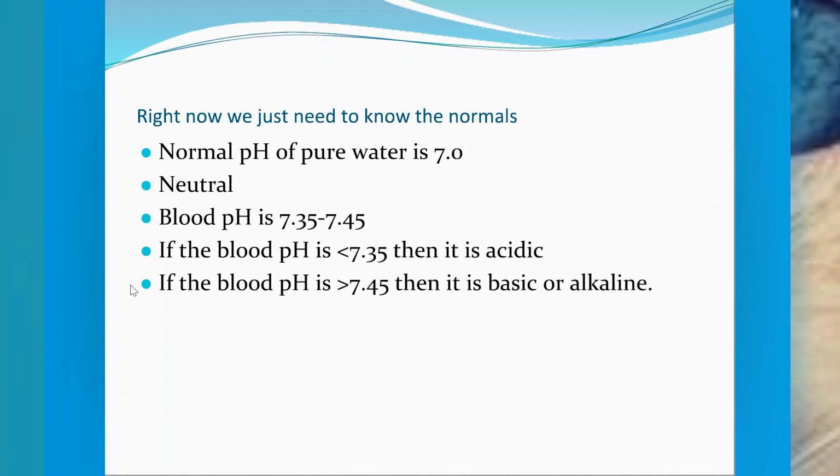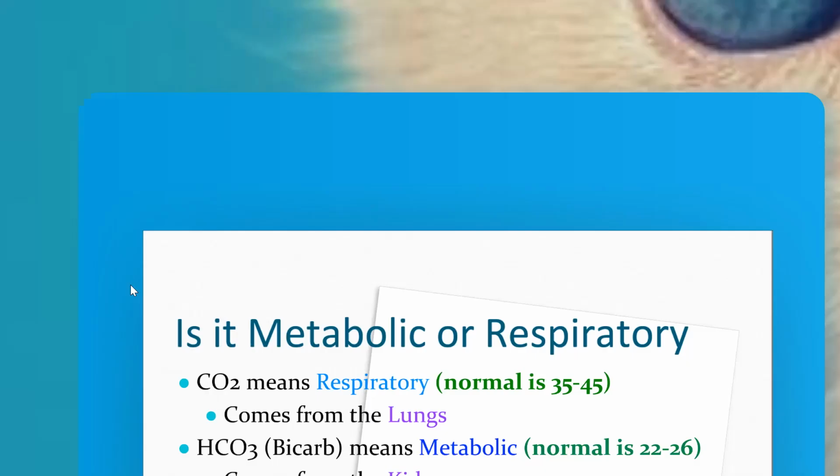If we're going towards 7.35 or below, it is acidotic, and if we're going above 7.45, we're alkaline, going towards basic. Then we can determine right away acidotic or alkaline. That is the first step in solving any type of problem: looking at our pH. That is step number one.